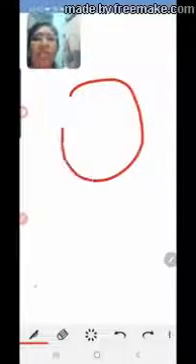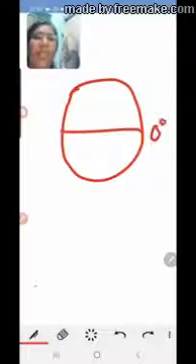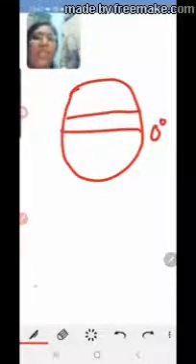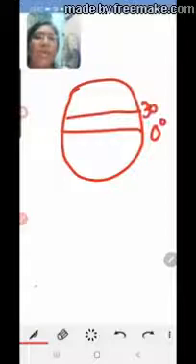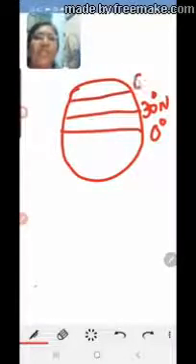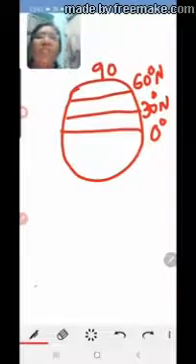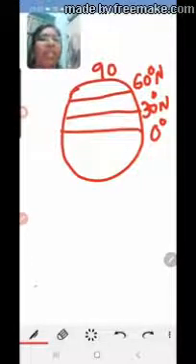Now let's see the important parallels of latitude. This is 0 degree, here it is 30 degree north, this is 60 degree north, and then 90 degree north. How many are there in the northern hemisphere? From the equator to the north pole there are 90 latitudes.